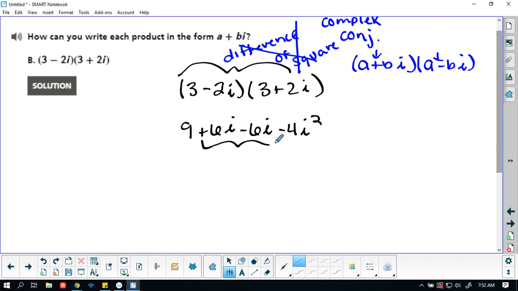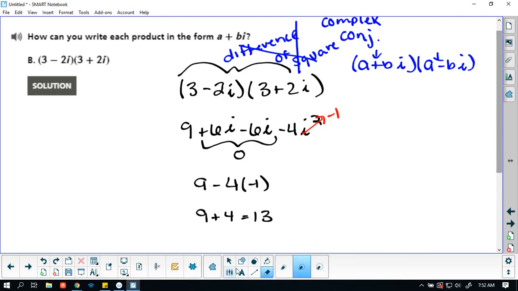So this right here becomes 0. So we have 9 minus 4i squared. Remember what i squared is? i squared is negative 1. So times negative 1, we have 9 plus 4, which is 13. We don't have the imaginary part because the imaginary part here is 0. This whole complex conjugate idea will show up in division when we have to rationalize that denominator.